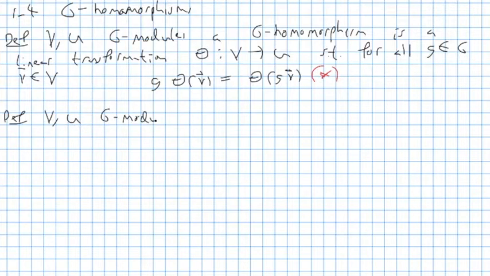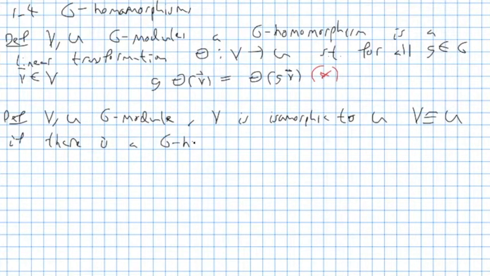We have two G modules V and U. We say that V is isomorphic to U, and we write V isomorphic to U, if there is a G homomorphism theta from V to U that is one-to-one and onto.